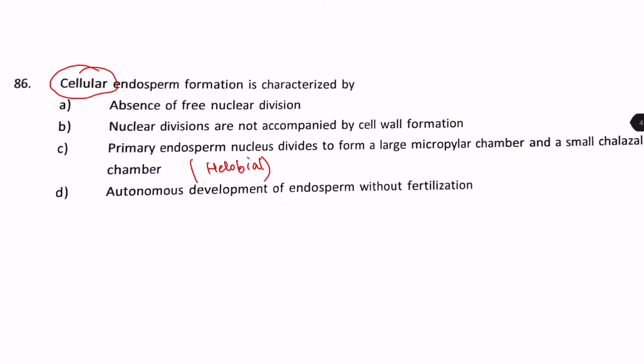This is nuclear endosperm formation. Then autonomous development of endosperm without fertilization, no, we are not talking about that, because that is apomixis. First of all, this absence of free nuclear division will be the right one over here, that is cellular endosperm.